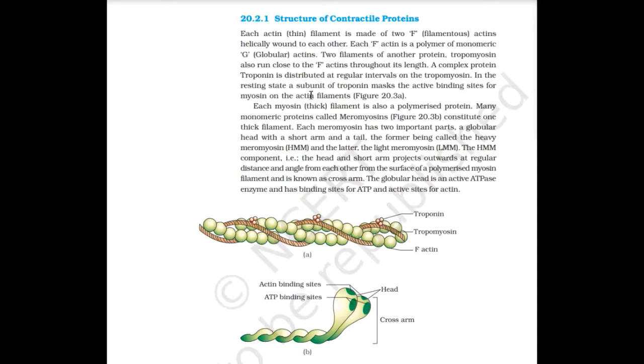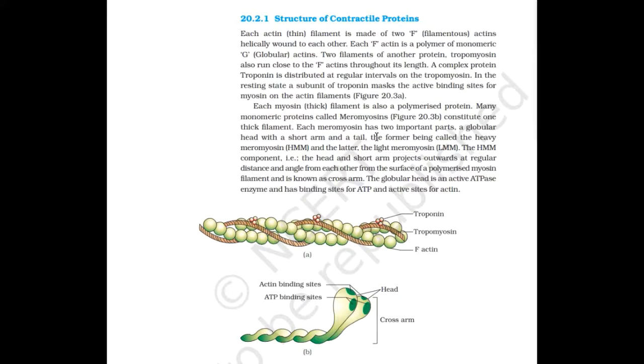A complex protein, troponin, is distributed at regular intervals on the tropomyosin. In the resting state, a subunit of troponin masks the active binding site for myosin on the actin filament. Here you have to remember that at the resting stage, the subunit of troponin masks the active site for myosin.